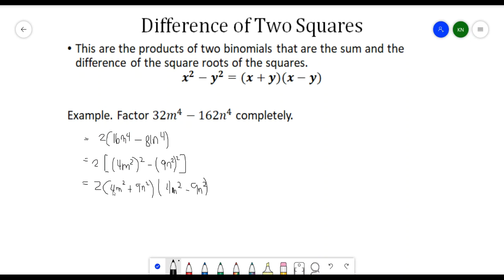But as we can see, we can still simplify our 4 and 9. Our constants here can still be simplified.